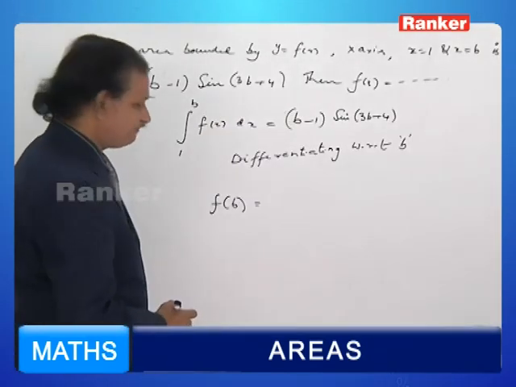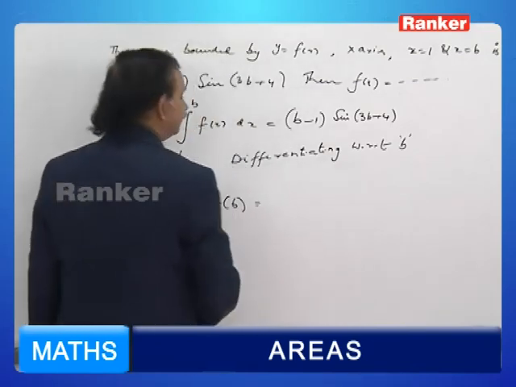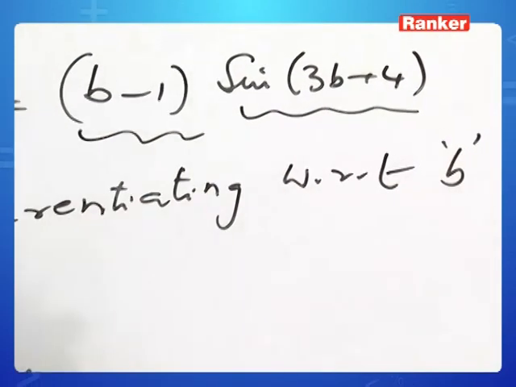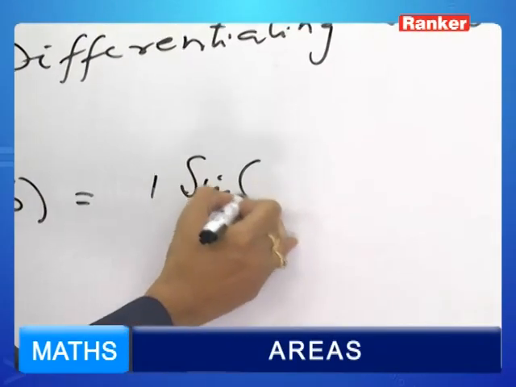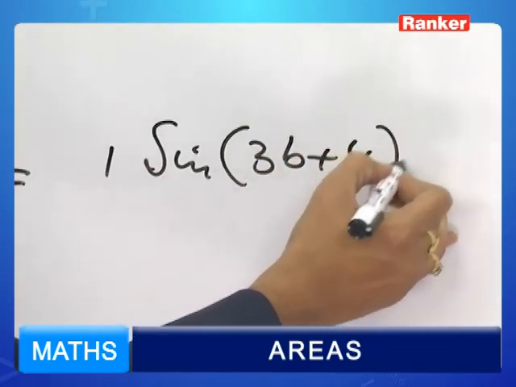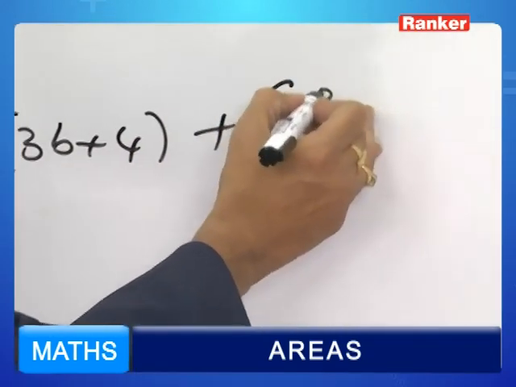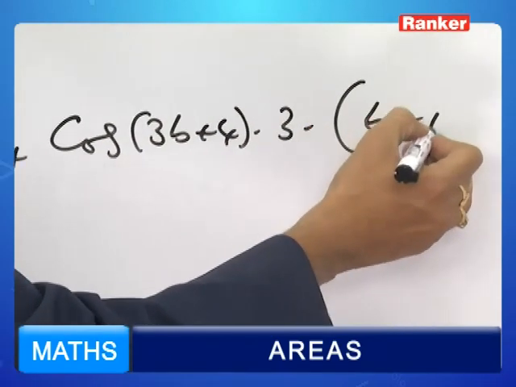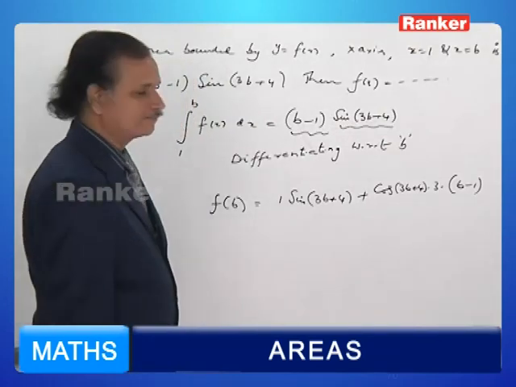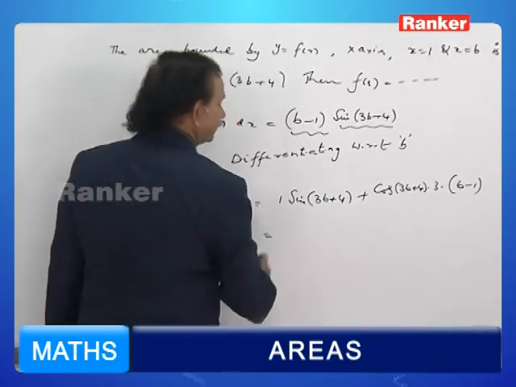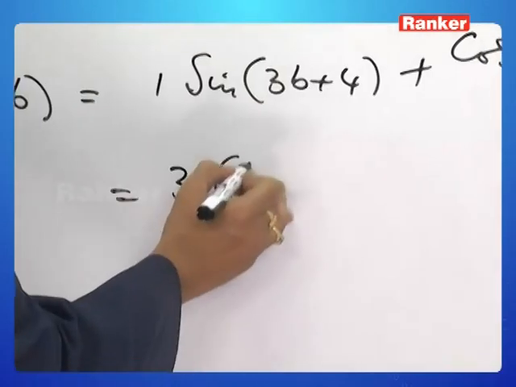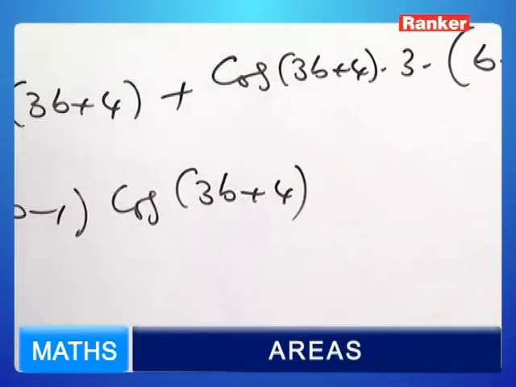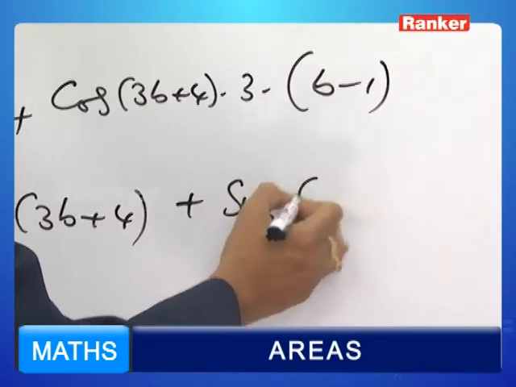F of b is equal to, come on, u derivative into v plus v derivative, cos of 3b plus 4 into 3 into u, b minus 1. This is therefore equal to 3 into b minus 1 into cos of 3b plus 4 plus sine of 3b plus 4.